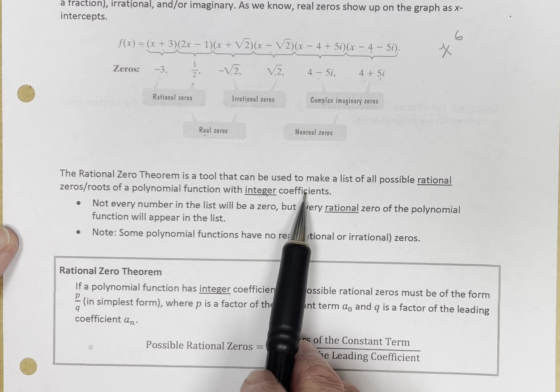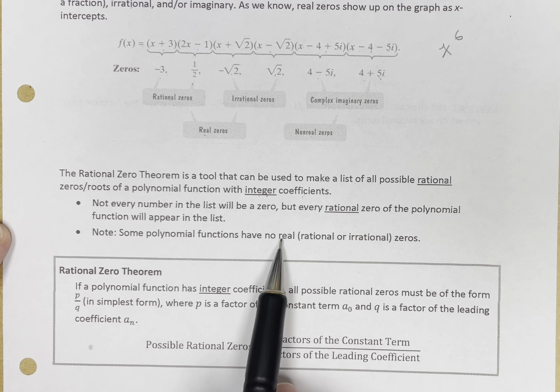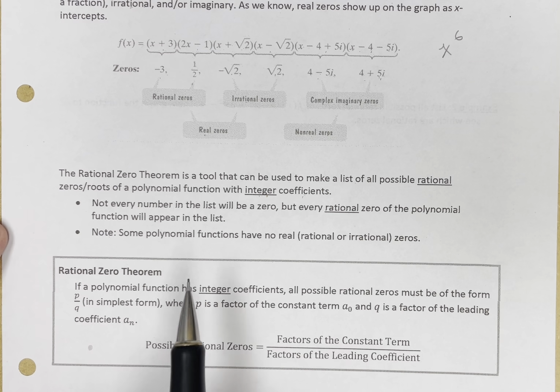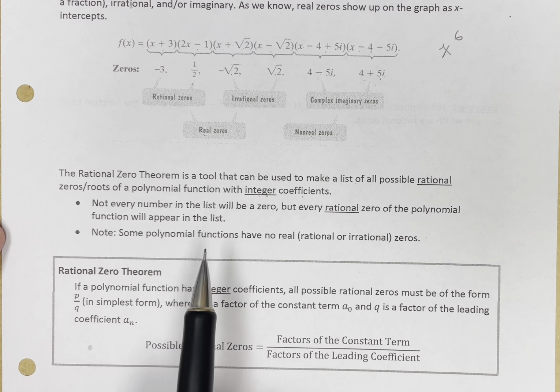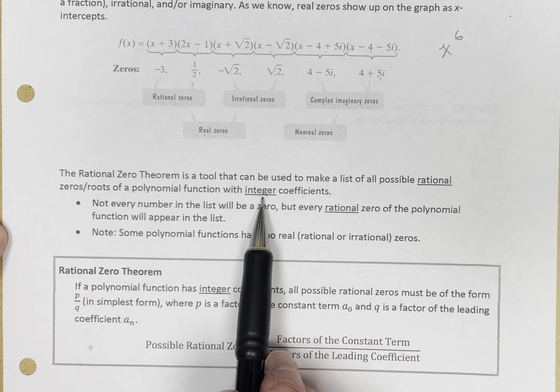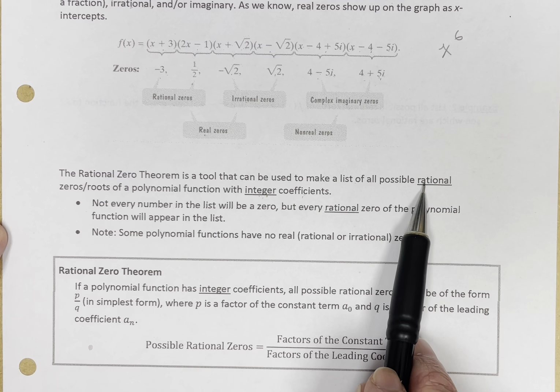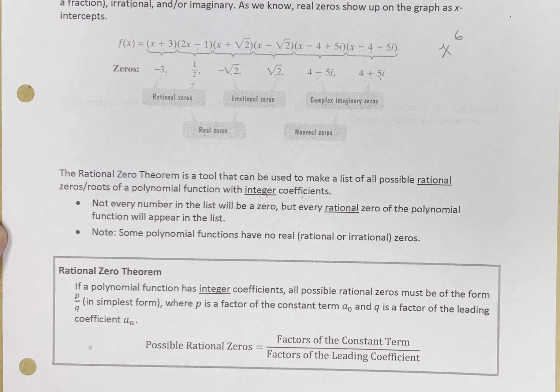Okay, not irrational, not complex imaginary, but the ones that are rational. Let's remind ourselves, some polynomial functions don't have any real zeros at all, rational or irrational. But this is going to be used for those polynomials that have integer coefficients to list all of the possible roots that are rational.